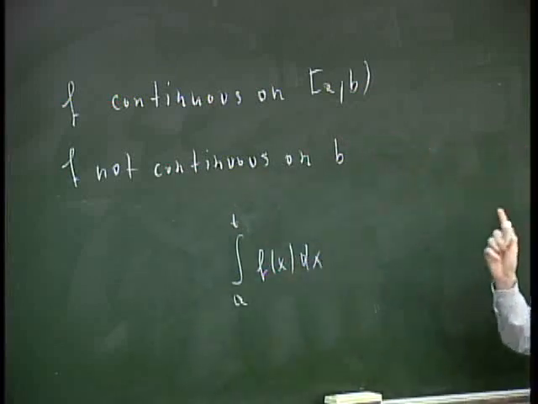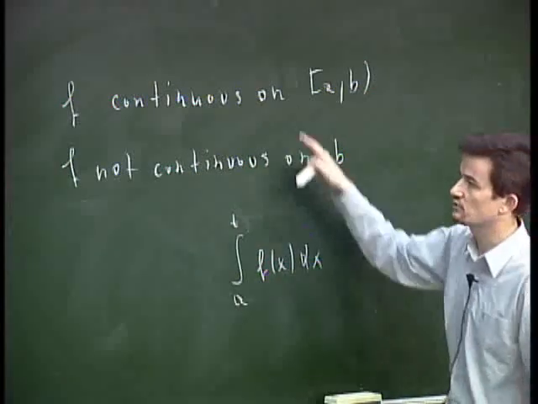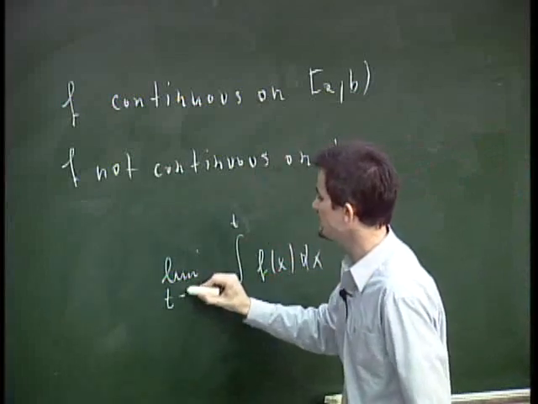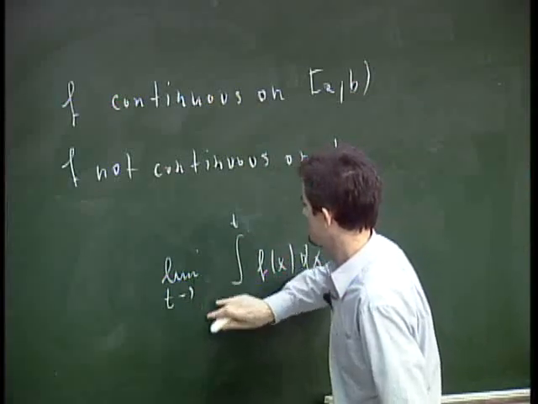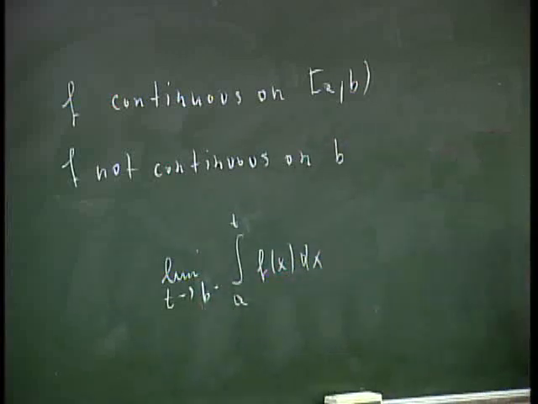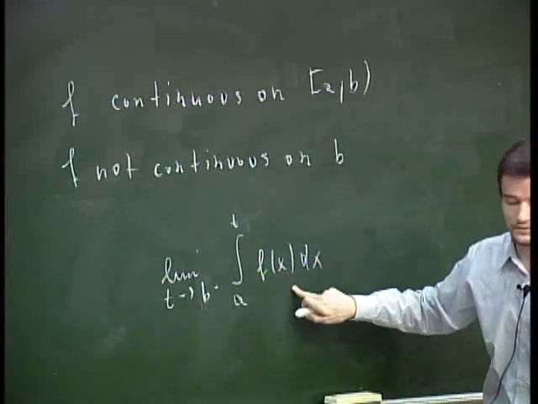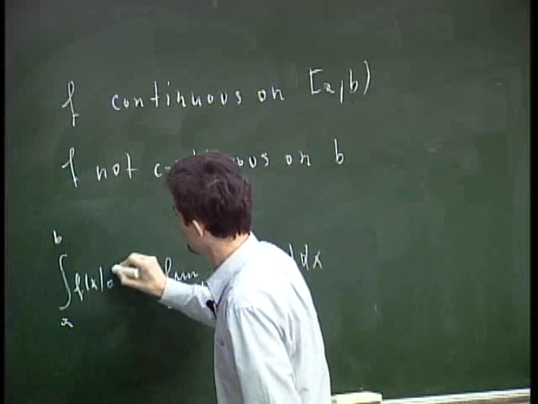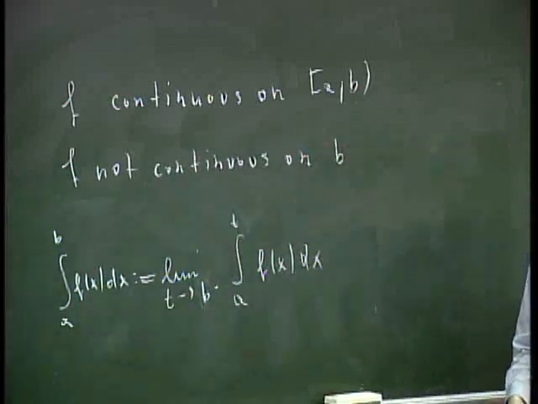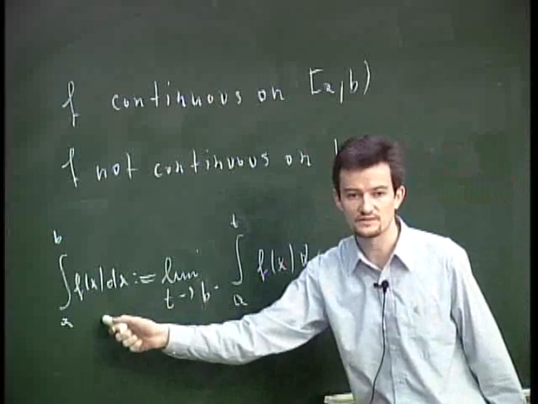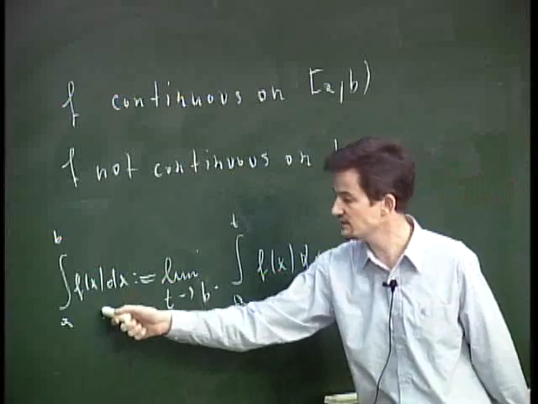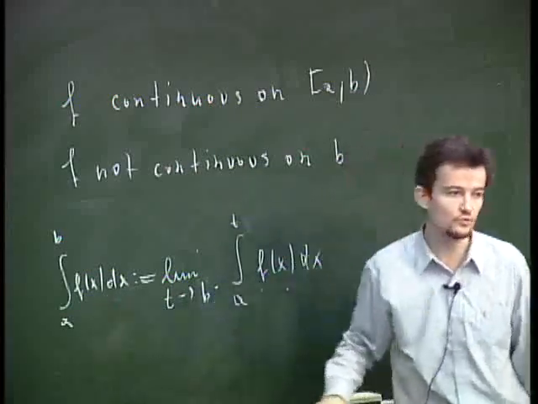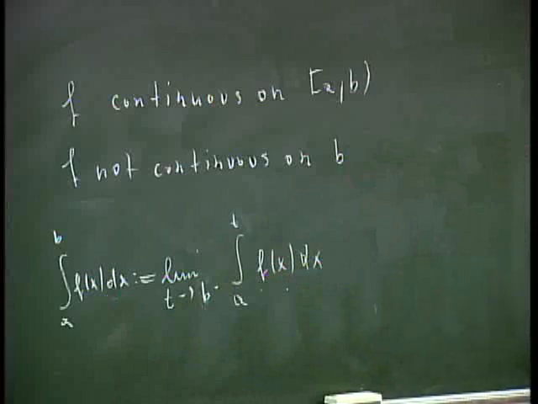If t is smaller than b, no problem, because the function is continuous. So we look at the limit as t tends to b from the left, and if this limit exists, we say that this integral exists. If this limit does not exist, this integral will be called divergent. If the integral is convergent, then we define the value by this limit. This is the so-called type 2 improper integral.